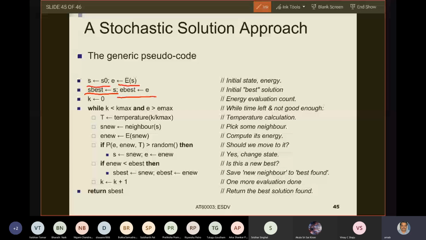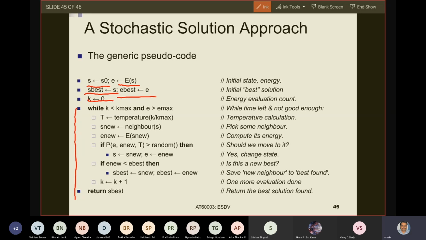Now the algorithm moves in a while loop. There is only one while loop in which the algorithm goes on moving. Initially the number of iterations k is 0. Now how long does this algorithm progress?